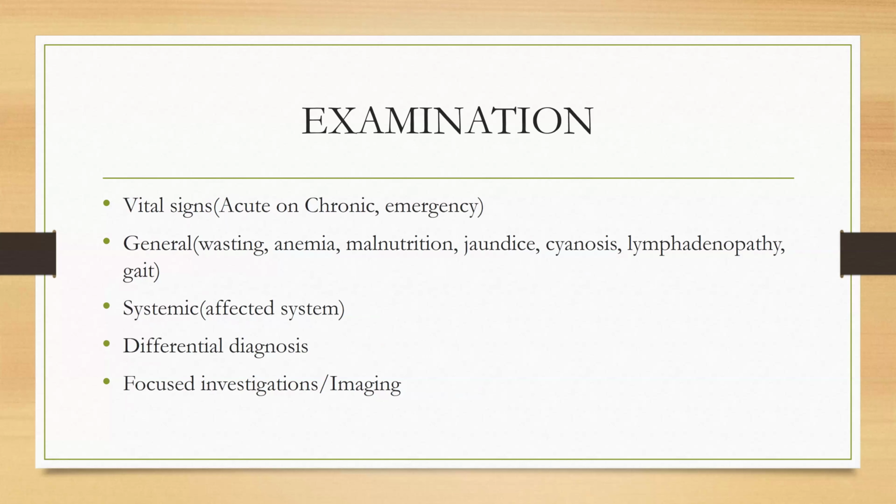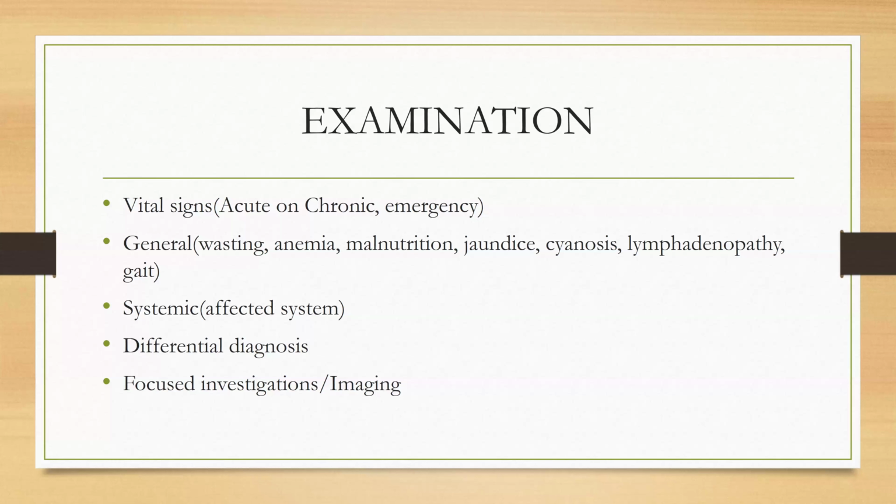Examination. When you are examining an adult that you suspect has TB, you need to start, as usual, with the vital signs. Why? Because even a patient who has TB could still be having an acute problem, including acute community-acquired pneumonia.